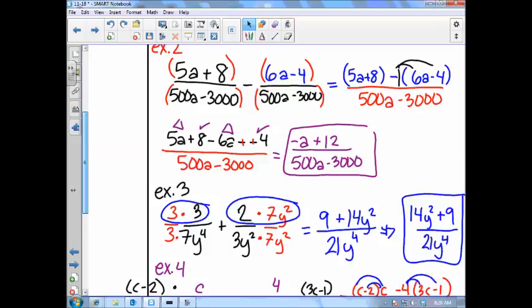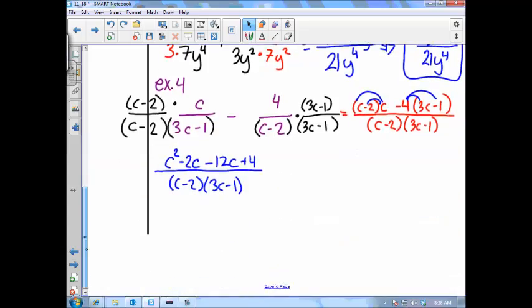Added what? The like terms. Good, that's what we need to do here. We have like terms, right? What are the like terms? Negative 2c and negative 12c, which makes negative 14c.